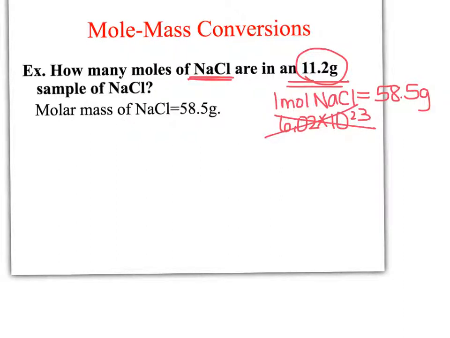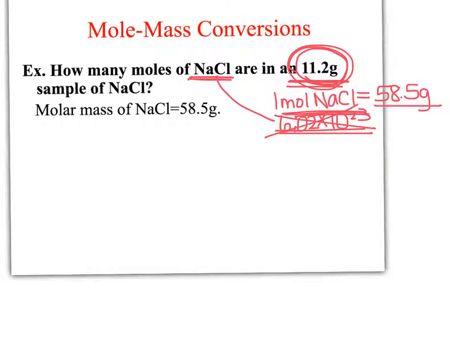Okay? If they were asking you how many sodium chlorides would there be in a mole of it, then yes, you would use this to figure out how many there are. But this time, they're saying you went to the balance, you weighed out this much, they want to know how many moles that is. Well, if we know how much 1 mole of it weighs from our periodic table, we can figure out how many moles we have in this sample.